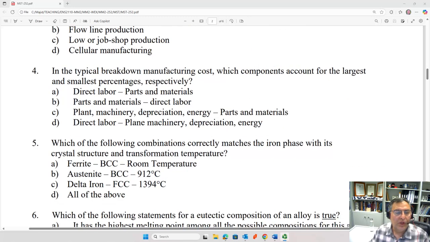Question 5, which of the following combinations correctly matches the iron phase with its crystal structure and transformation temperature? Well, in this question, we can see different types of phases and crystal structures.